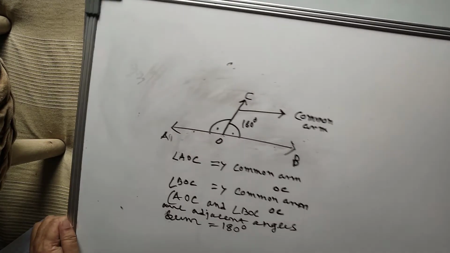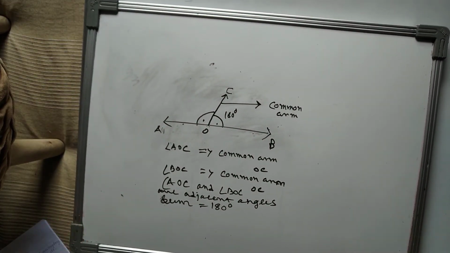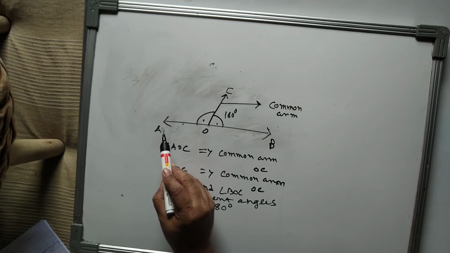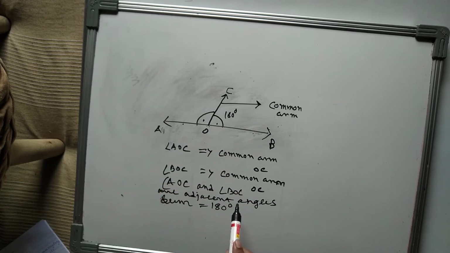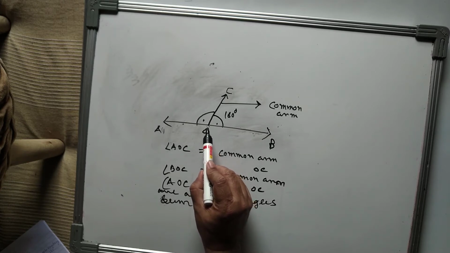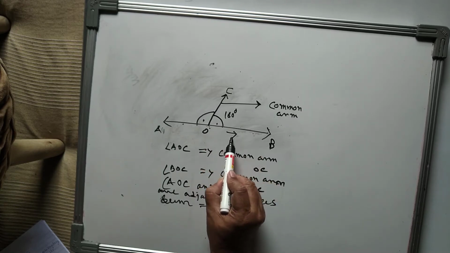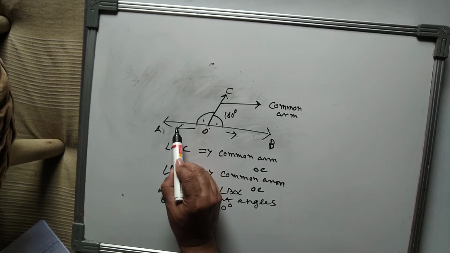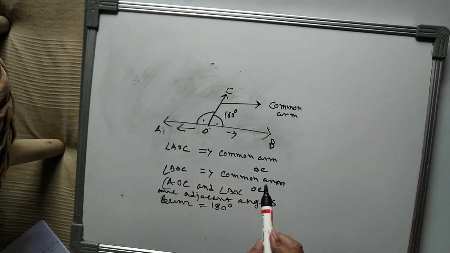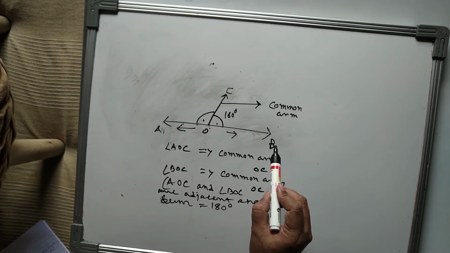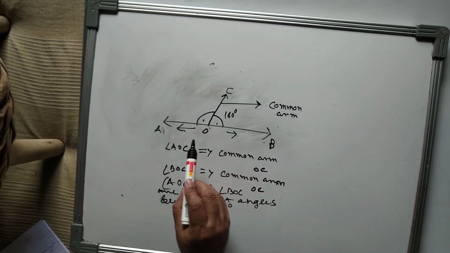So from this example we can say that the two adjacent angles AOC and BOC are a linear pair of angles as the rays OA and OB are two opposite rays.